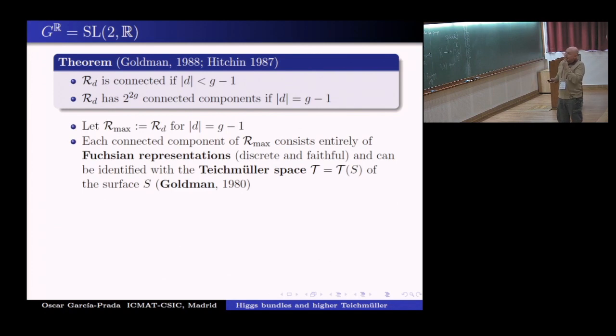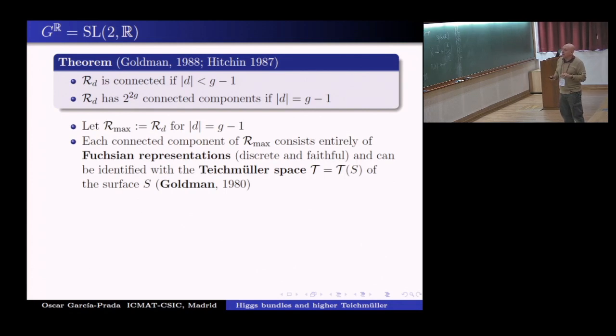Here's the important point that I want to emphasize, that each of these components consists entirely of Fuchsian representations. Balaji was telling us before about Fuchsian representations, and these are exactly representations that are discrete and faithful, and Goldman showed that any of those components can be identified with the Teichmuller space of the surface.